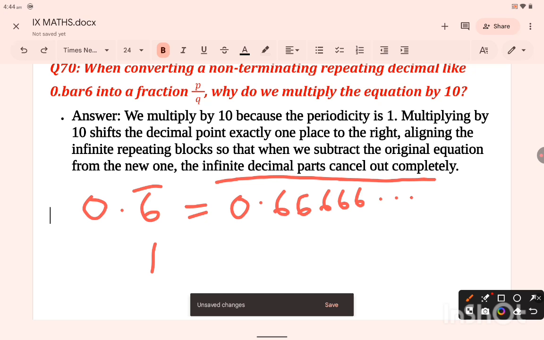Or suppose the periodicity of a given fraction is 2, we can multiply by 10 power 2. If the periodicity is 3, we can multiply by 10 power 3. Why can we multiply by powers of 10? What is the main reason here? The main reason is specially for cancelling the infinite decimal part.